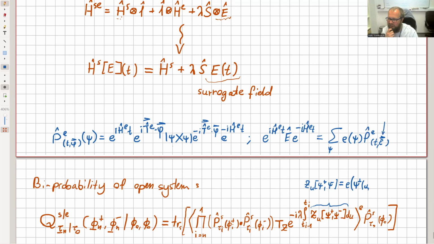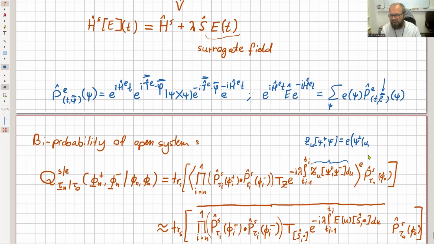I will call this coordinate epsilon, psi. So this defines for us the eigenvalues of operator E. And we remind ourselves about the definition of the projectors with space-time coordinates.